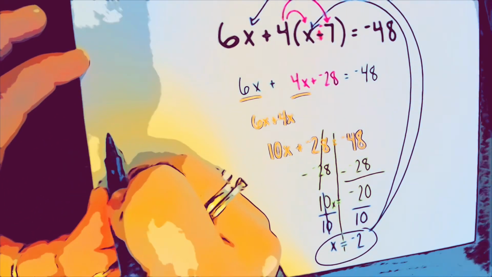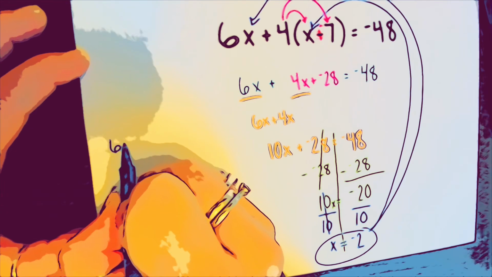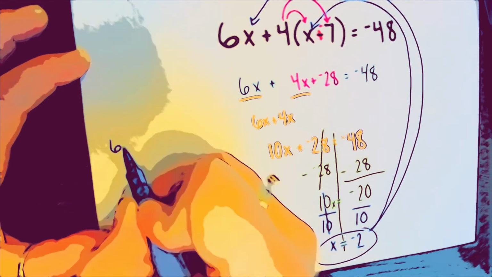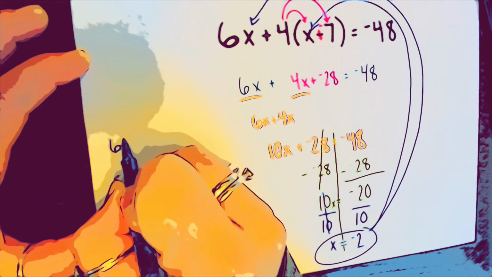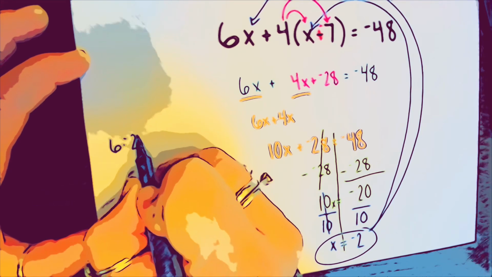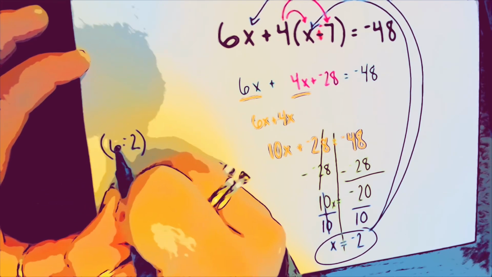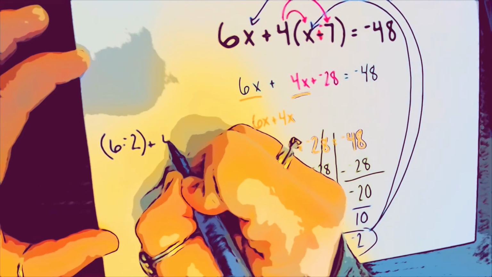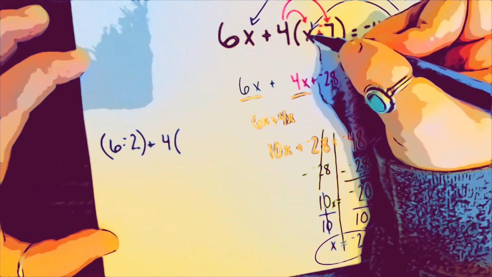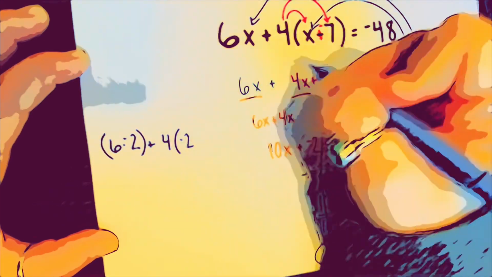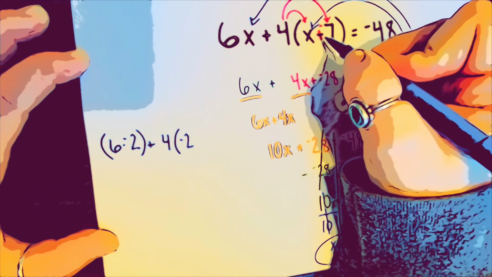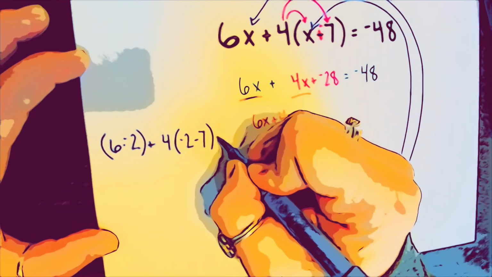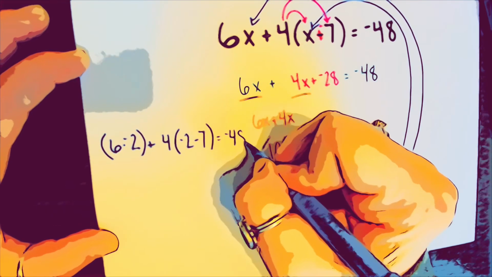We are going to say 6 times, because when a number and a letter are next to each other, that's what that is. 6 times negative 2. That's this question right here, right? 6 times negative 2 plus 4, negative 2. And I'm going to go ahead and keep my original equation, which was minus 7 equals negative 48.